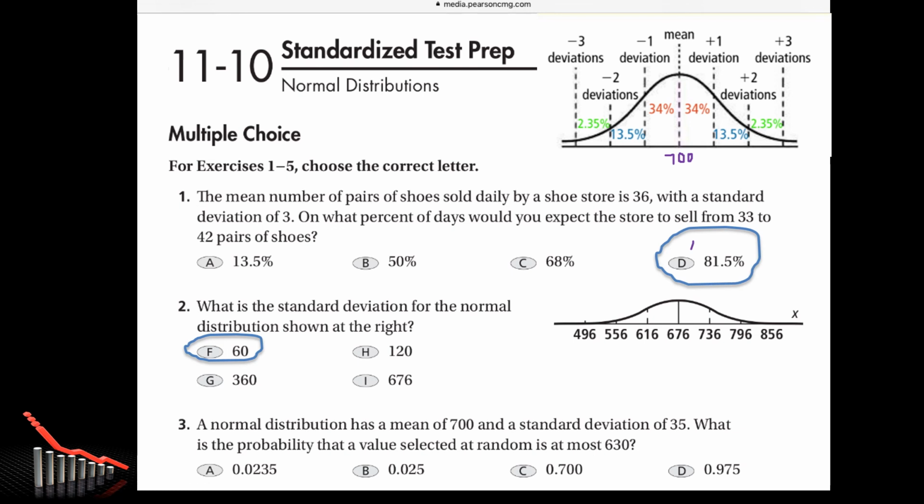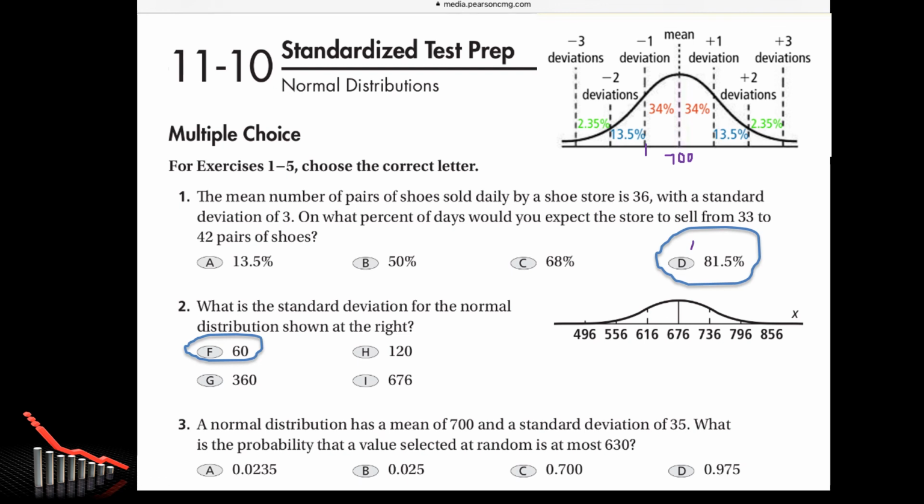I'm interested in 630, so I really don't need to put anything to the right. But if I go to the left, because I need to get smaller, subtract 35, I get 665 here. Don't need that. Subtract 35 again, and I get 630.